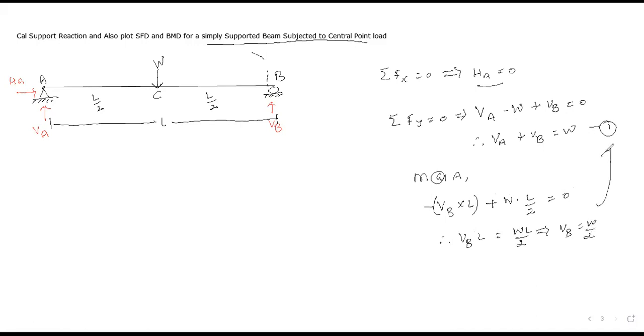Place it in equation number 1, and you will get VA equals W by 2. I hope it is clear to all of you. Any question till here? So VA equals W by 2, VB equals W by 2. You have to place the answer in your sketch also.